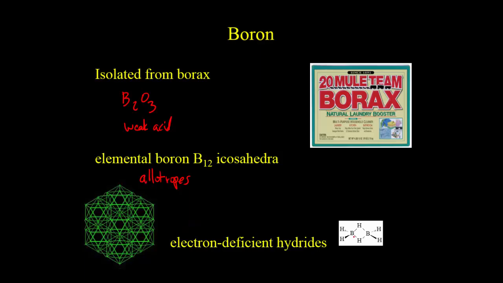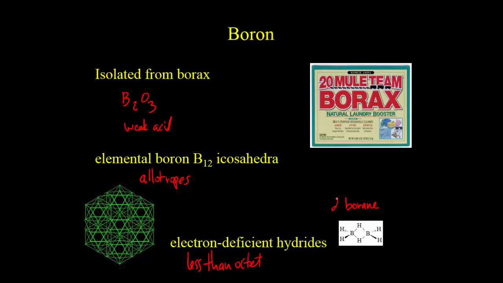Now boron has 3 valence electrons, so borane, like methane, with similar naming, is electron deficient. The boron doesn't have as many electrons as carbon, so when it makes hydrides, it doesn't have enough electrons to fulfill its octet. So that's what electron deficient means, less than an octet.